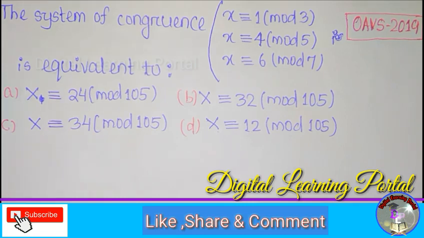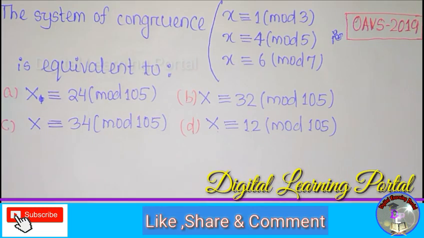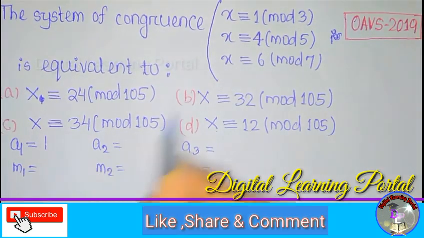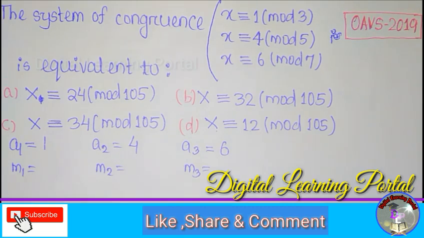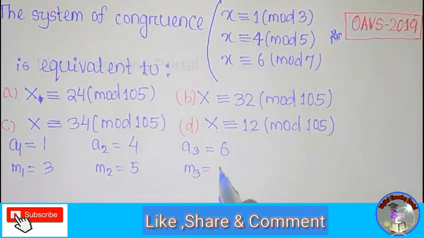Now we can solve this question by the process we have already discussed in question number 1. First of all, we have to check whether this question is solved by the Chinese remainder formula or not. First we check A1, A2, A3 and M1, M2, M3. So A1 is equal to 1, A2 is equal to 4, A3 is equal to 6, and M1 is equal to 3, M2 is equal to 5 and M3 is equal to 7.